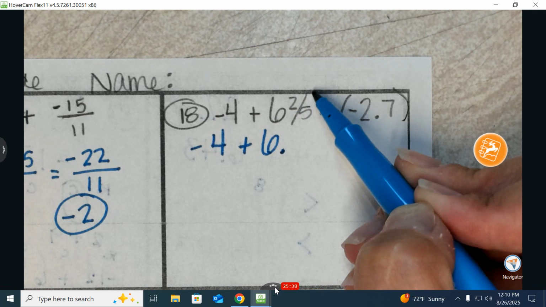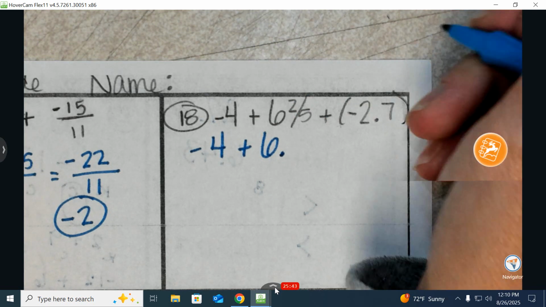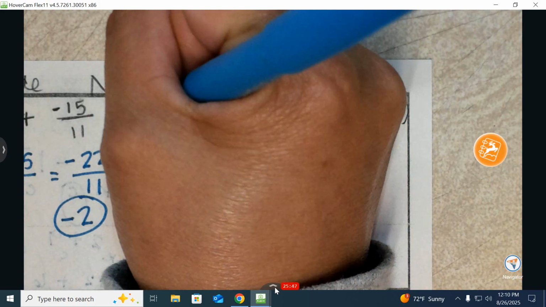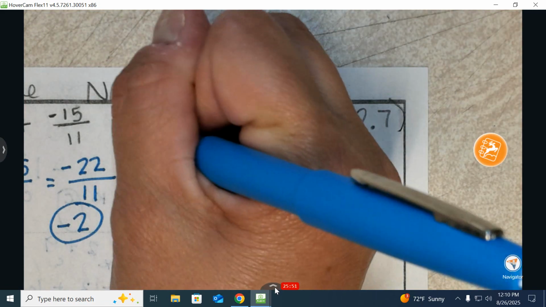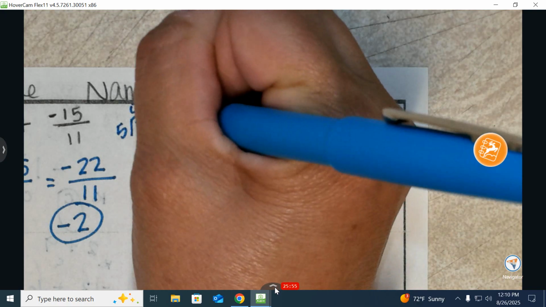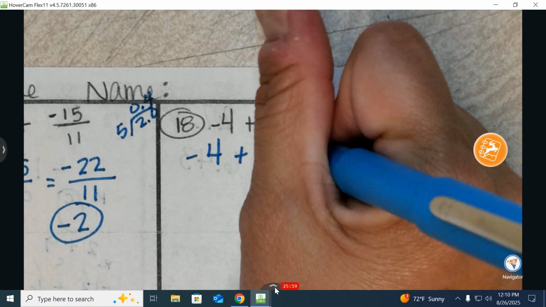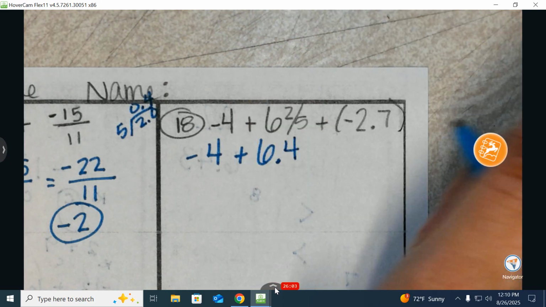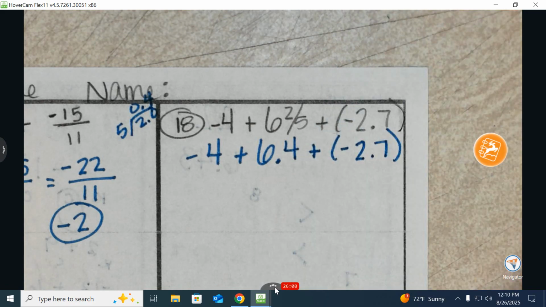So times 2 would make that become a tenth. Times 2 there would make it become a 4. Or you could just divide it. So if I said 2 divided by 5, 5 would not go into 2, but it would go into 20 4 times. So that is 6.4 plus -2.7.